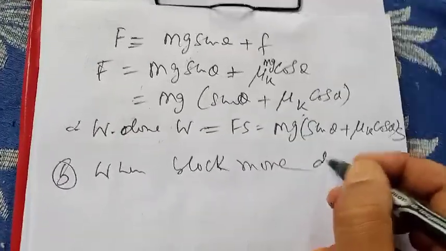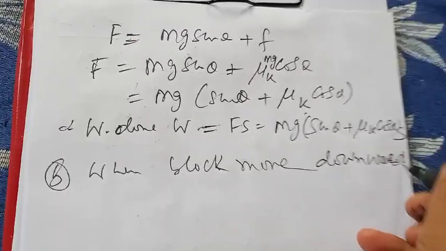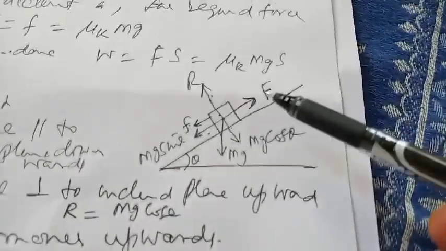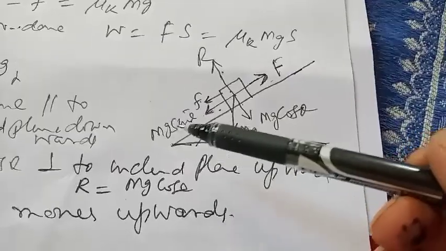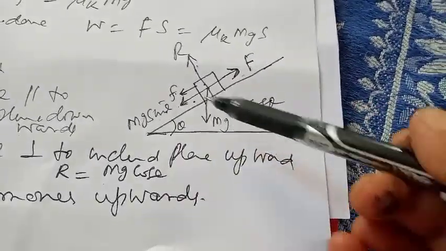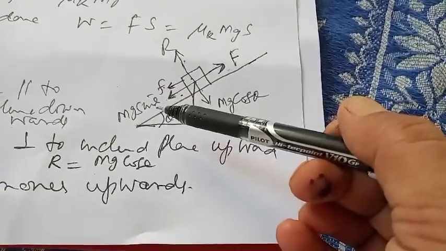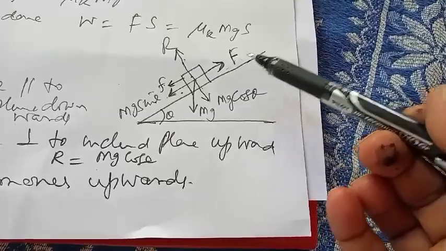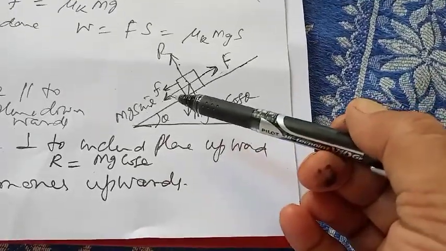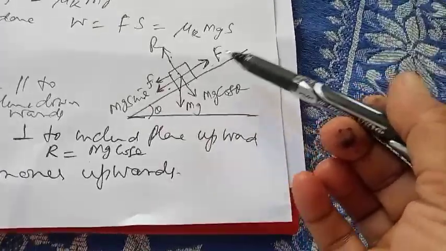B part, when the block moves downwards the inclined plane. See the diagram. When the block moves downwards, this mg sin theta component of weight will help the body in moving downwards. The force of friction will act upwards. This is the force of friction which acts upwards.